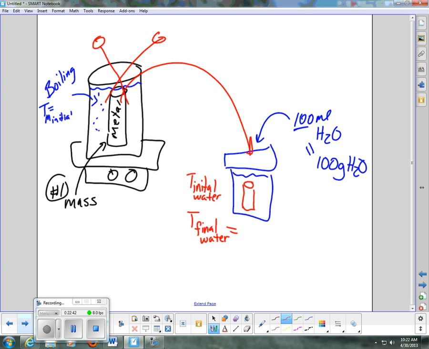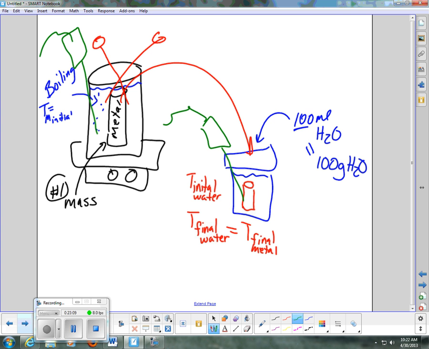And that's going to be equal to the final temperature of the metal, when they all come to equilibrium. Now we're going to have those fancy little probes, so we're going to be able to get the temperature really fast and easy, instead of having to use the old-fashioned thermometers and try to read them. So it should be really quick.